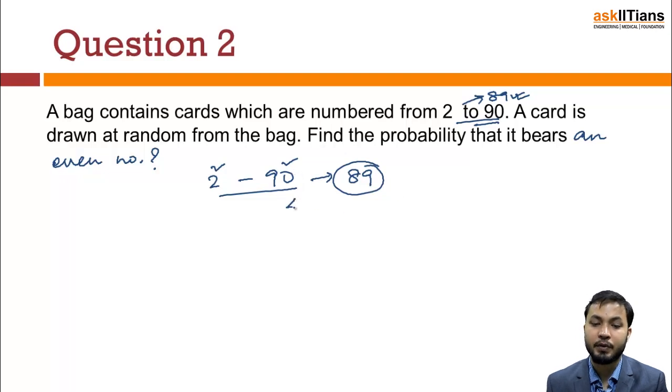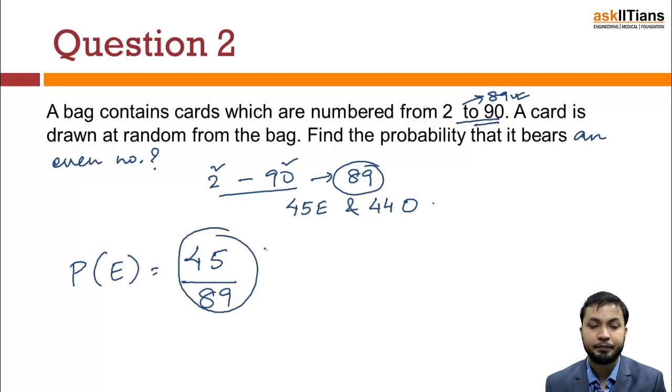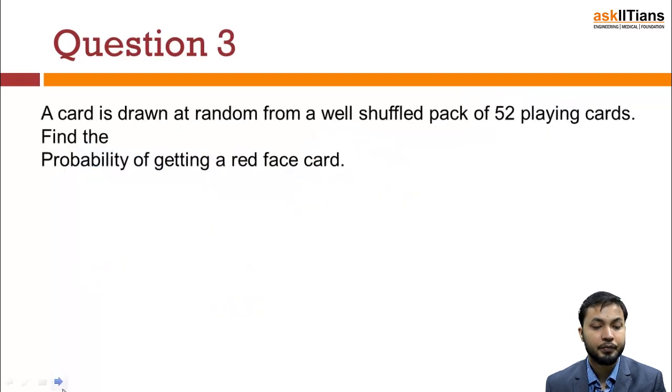So it has to be that 45 of them are even and 44 of them are odd. So if I pull out any card out of 89, the chance for it to be even is 45 by 89. Right? So this is my question number 2.